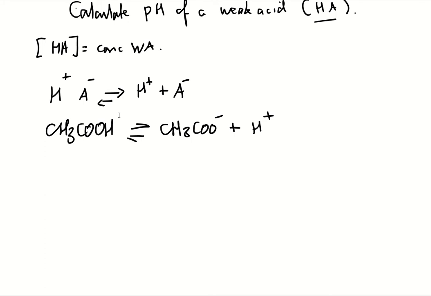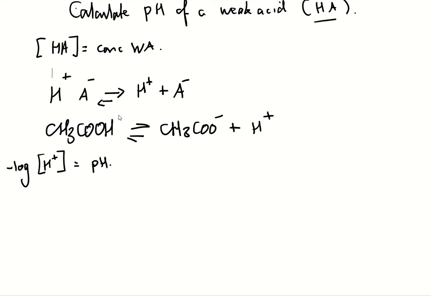Now you've done the strong acids, and if you remember, when we did strong acids, we worked out the pH by taking minus the log of the hydrogen ion concentration.